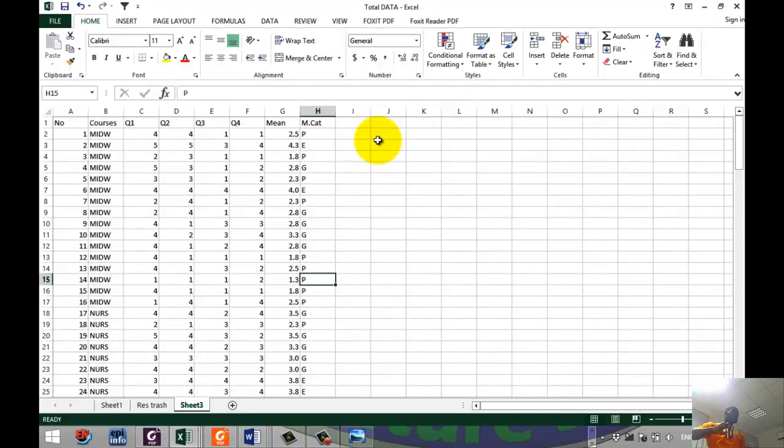Don't forget the coding that we did yesterday: SA was 5, strongly agree, and A was 4. All the other responses you are not interested in. Your interest is in those that agreed and strongly agreed. So it is a cumulative number of the people who answered the question that chose agree and strongly agree.